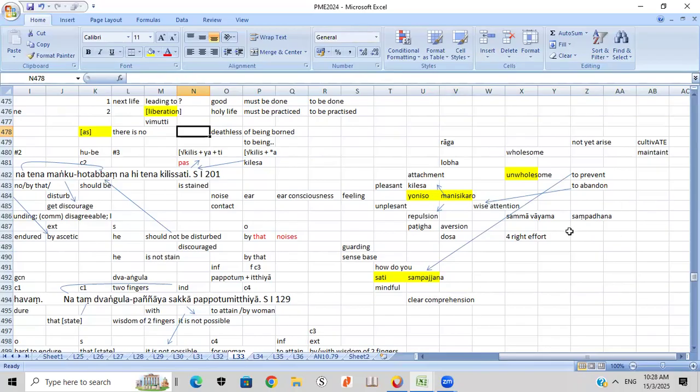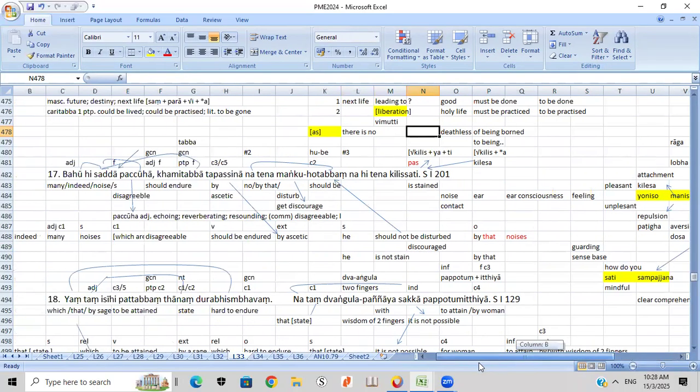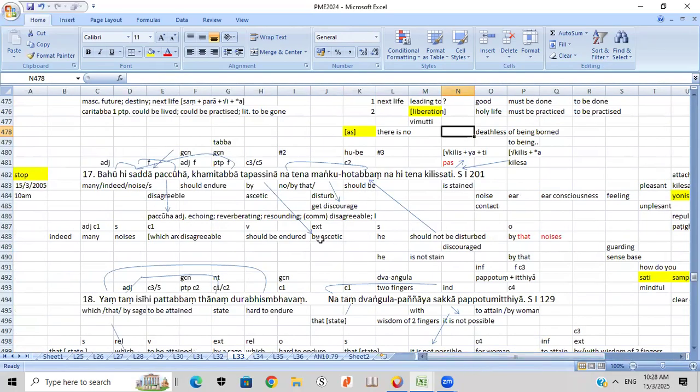Okay, so the sutta here is basically talking about how the mind gets stained. That is the reason why most ascetics or yogis must go to a quiet place.